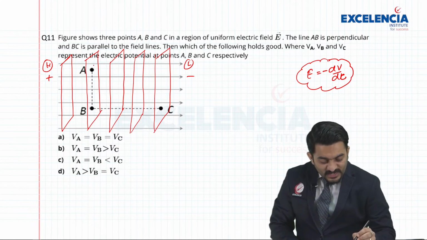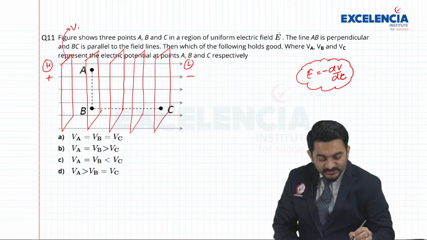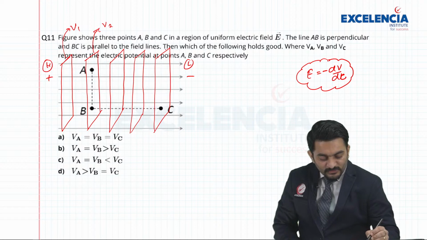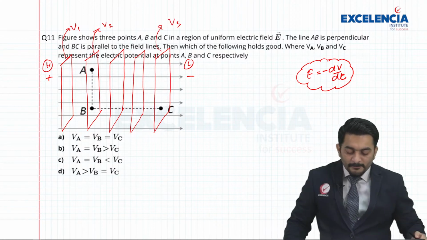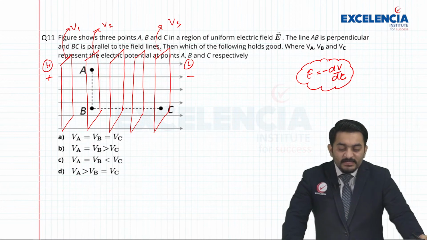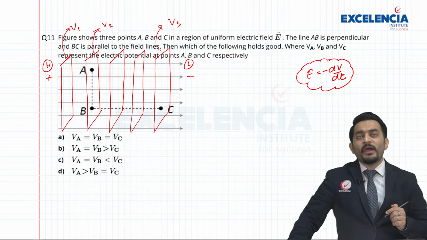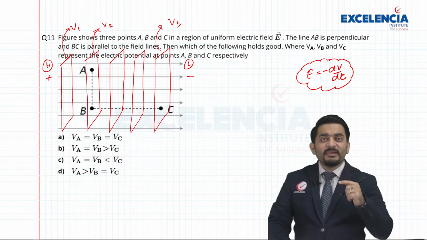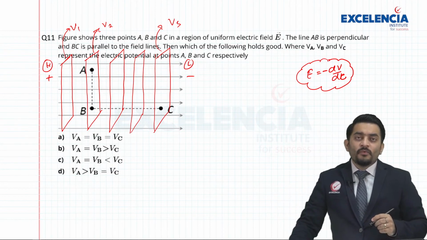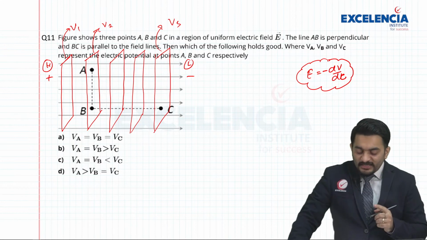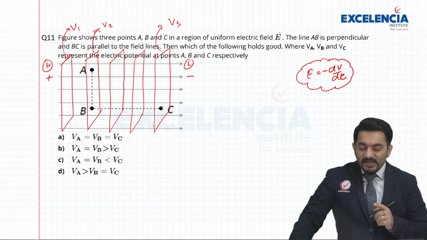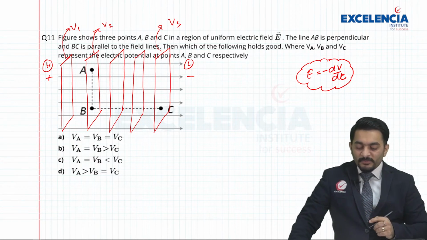So if here the potential is V1, this is V2 and so on, let's say this is V5, I can see that points A and B are both on the same plate, which tells me that the potential for A and B remains the same.